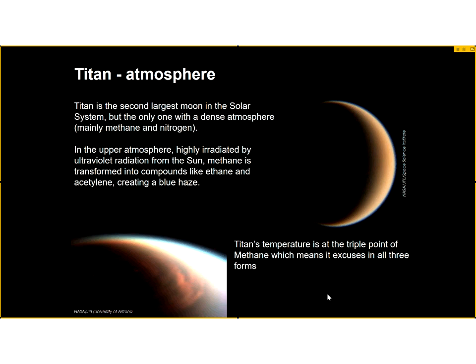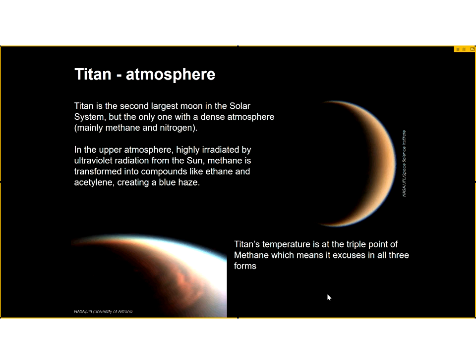We have a lot of trouble sort of seeing into Titan with visible instruments. So what we have to do is use radar instruments, and Titan has this haze because of the sort of interaction between the long hydrocarbons and the ultraviolet radiation from the sun.